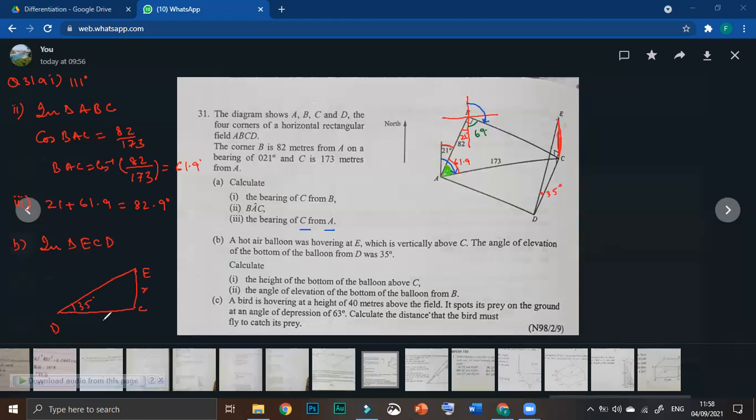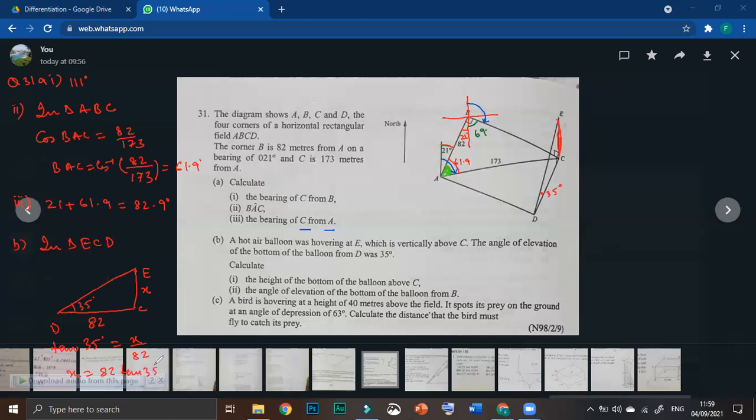What is CD? You don't have to find that. This one is a rectangle, given. So it is 82. Yes, 82. Now tan 35 degrees is equal to x over 82. x is equal to 82 into tan 35.